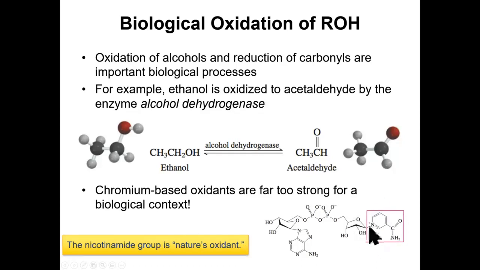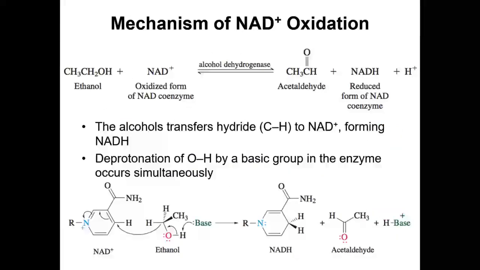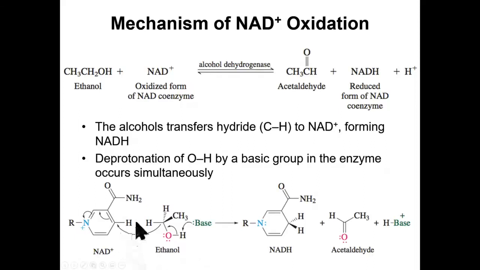Basically the key feature is the positively charged pyridine nitrogen atom and the electron-withdrawing carbonyl group on the ring. This combination makes this moiety a mild oxidant. So how does this thing, called NAD plus, nicotinamide, perform the function of oxidizing alcohol?